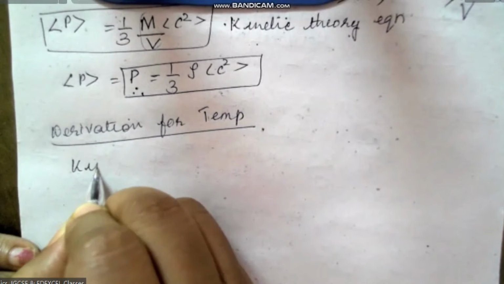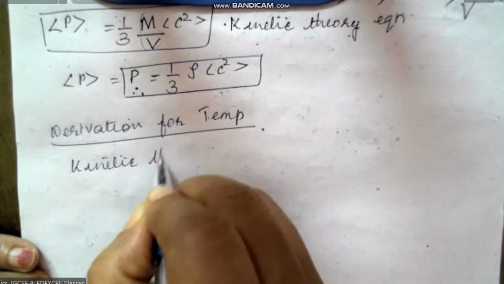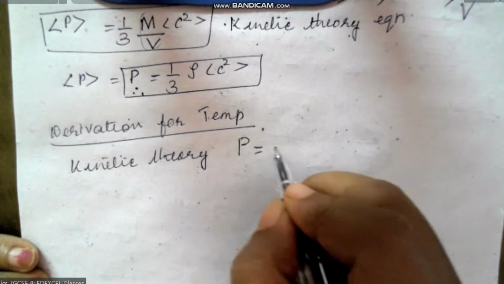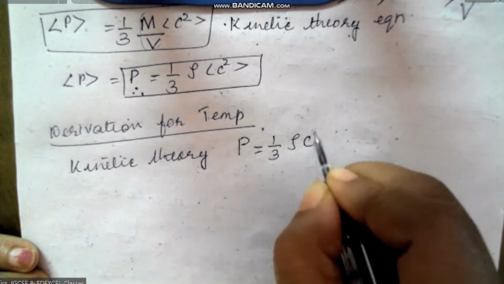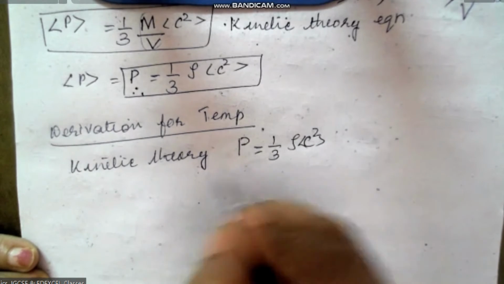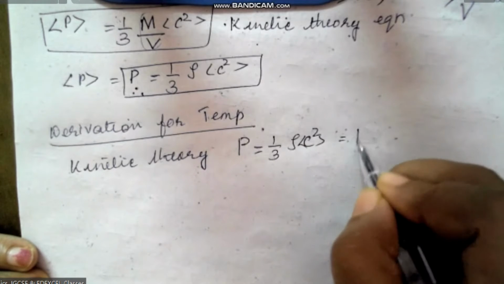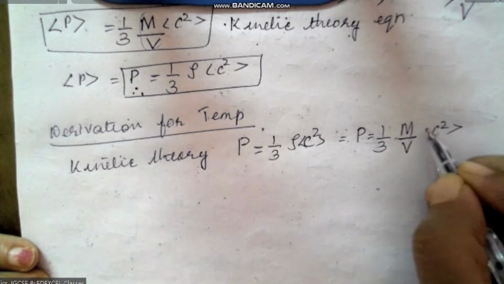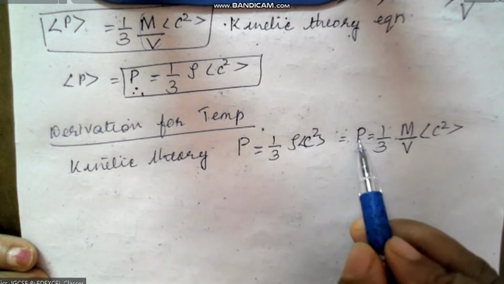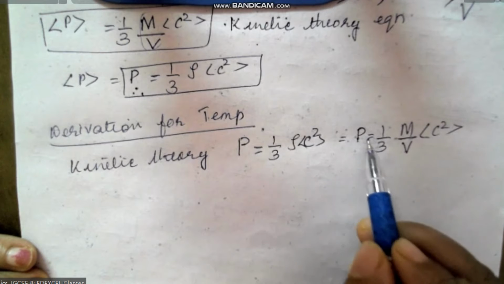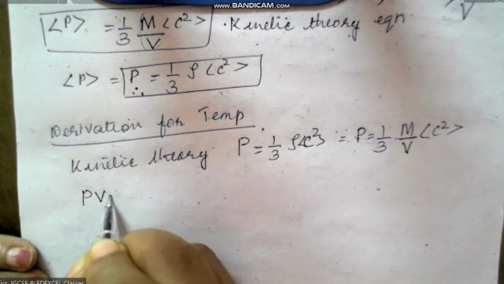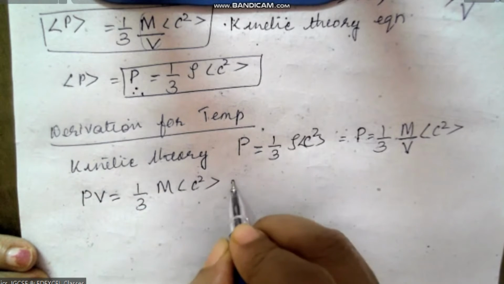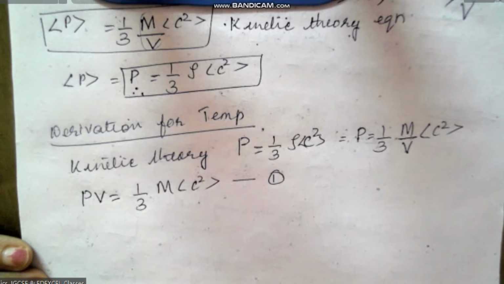According to the kinetic theory equation, the pressure exerted by gas on the wall is 1/3 rho c square, which means P is equal to 1/3 m by v c square. So from this, what is PV? PV is equal to 1/3 M c square.